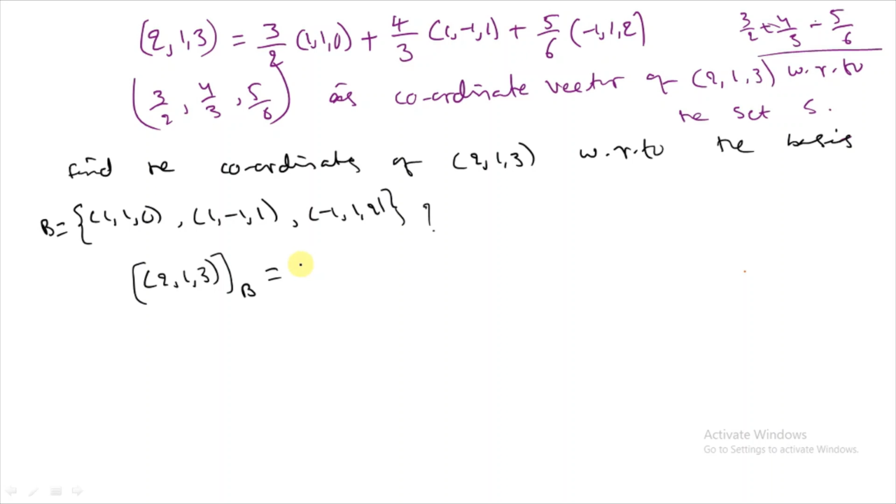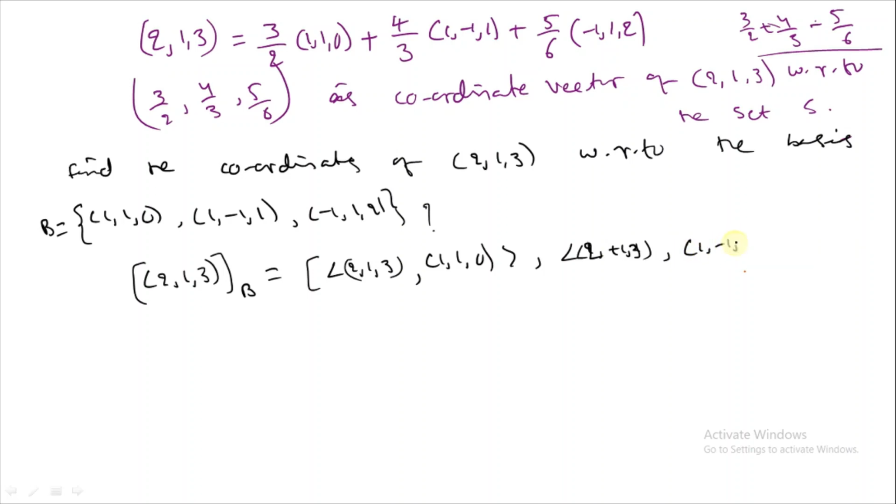The coordinates mean the inner product of this vector with this one. This vector you can write directly. Coordinates are the inner product of (2, 1, 3) with (1, 1, 0), then (2, 1, 3) with (1, minus 1, 1), then (2, 1, 3) with (minus 1, 1, 2). This is the coordinates.